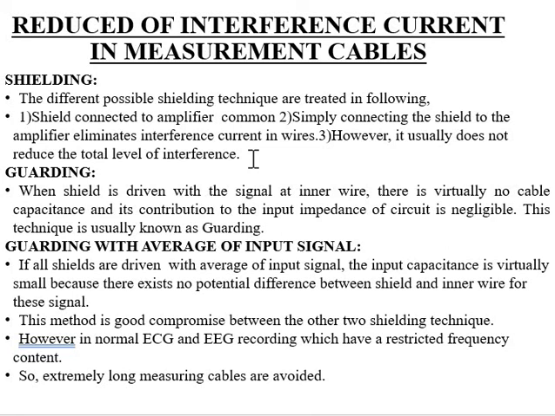Then guarding with the average of input signals: if all the shields are driven with the average input signal, the input capacitance is virtually small, because there exists no potential difference between the shield and the inner wire for these signals. This is a good and compromising method of reducing the interference current in measurement cables.